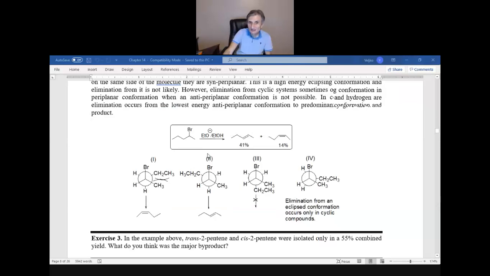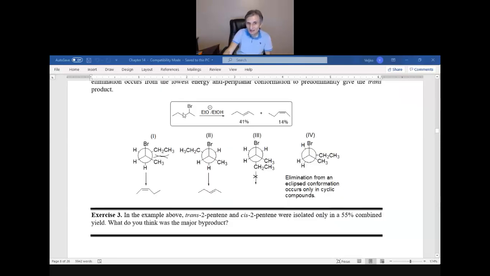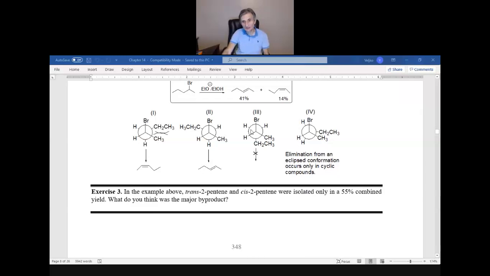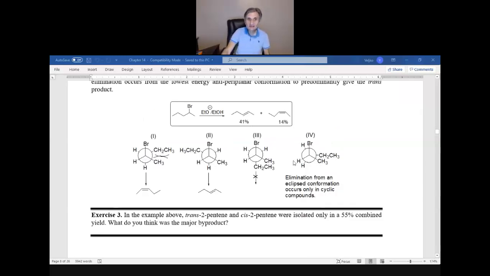So in E2 eliminations, we consider, like this, elimination from 2-bromopentane in ethoxide. We consider the transition state. These are Newman projections, of course, of the transition state. You can see in this particular experiment, we have two regioisomers, 2-pentene and 1-pentene.